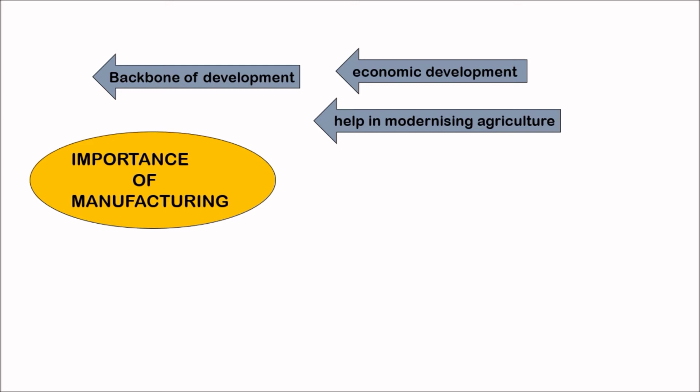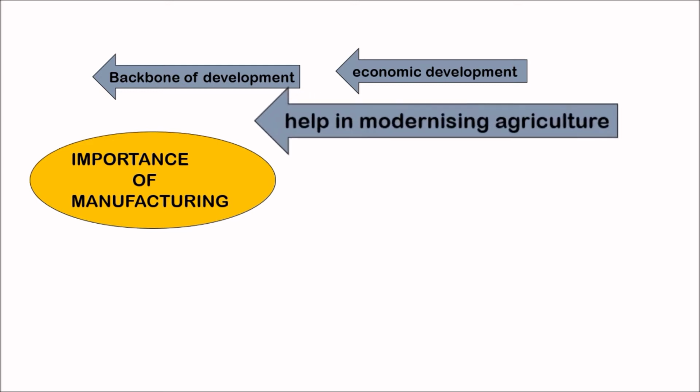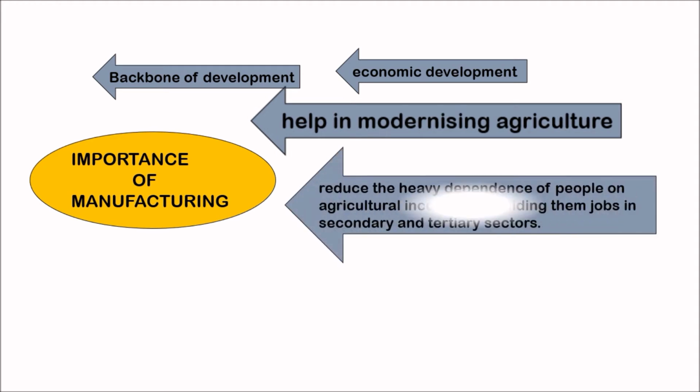Then next, it reduces the heavy dependence of people on the agricultural income by providing them jobs in secondary and tertiary sector. Very important aspect. It reduces the dependence of the people, those who are dependent on agriculture for income, by providing them an alternative job either in the secondary or in the allied tertiary sector.